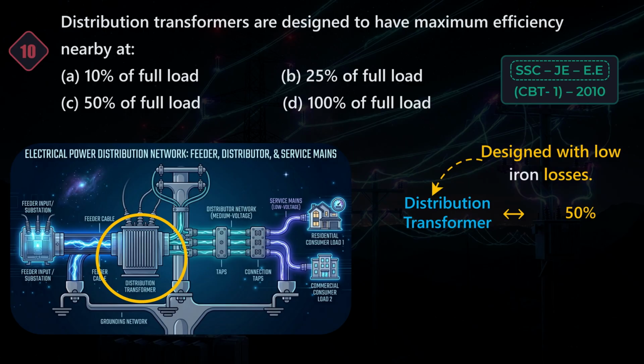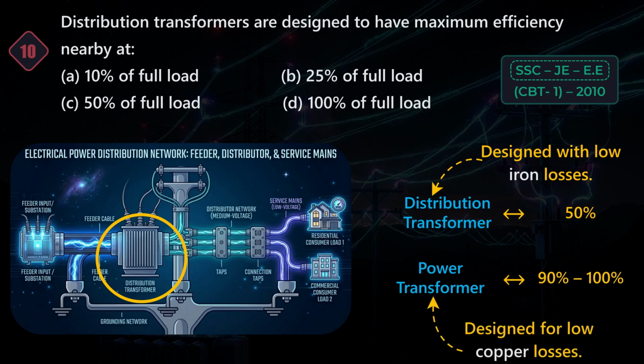As far as power transformers are concerned, they attain their maximum efficiency at 90 to 100% of full load, and they should be designed for low copper losses. Therefore, from the discussion, we can conclude that option C is the right choice.